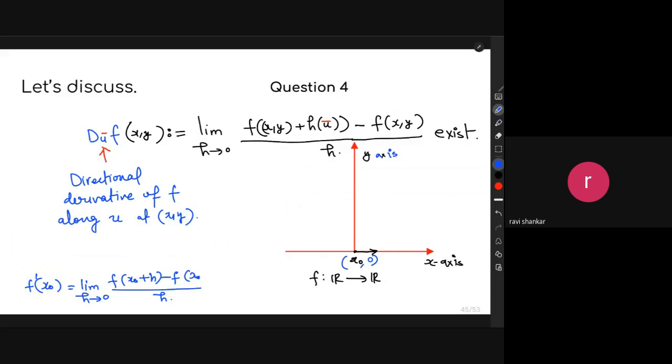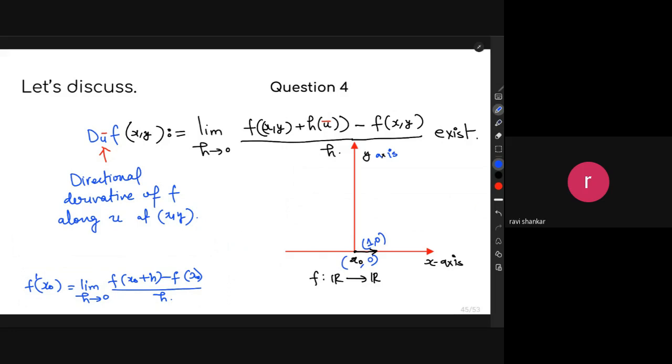Further, your direction in which you were differentiating earlier in the one variable case will be a vector of type 1 comma 0, because you are going in the x direction.